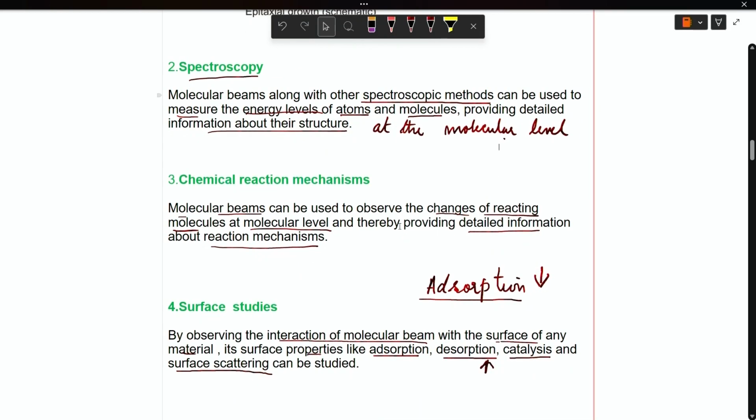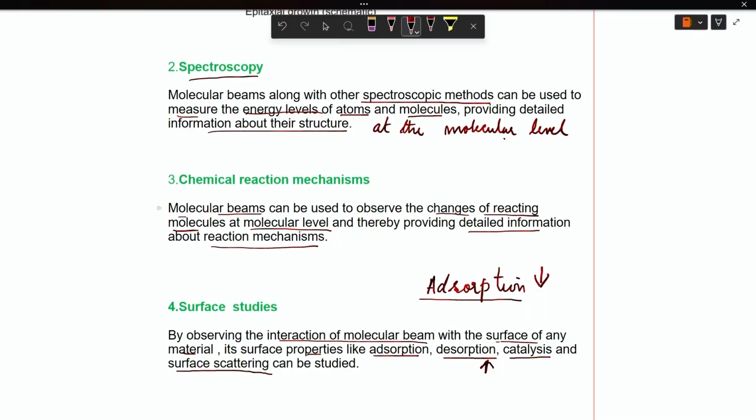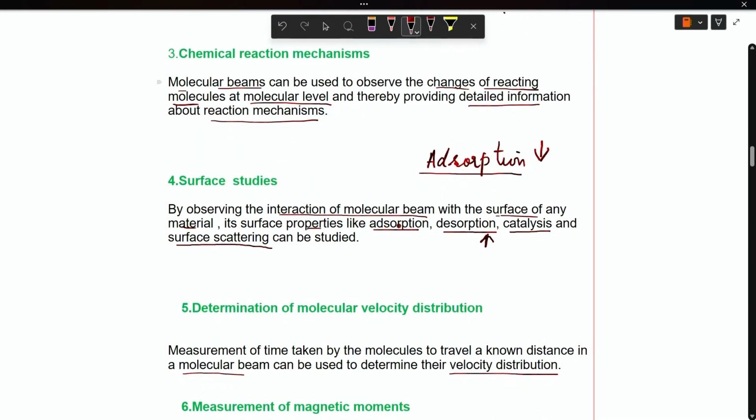Then chemical reactions already occur at the molecular or atomic levels, and these can be observed using molecular beams, thereby giving an idea about the reaction mechanism. Next is surface studies, where adsorption, desorption, catalysis, and surface scattering can all be studied by taking the molecular beam and allowing it to interact with the surface of the required material.